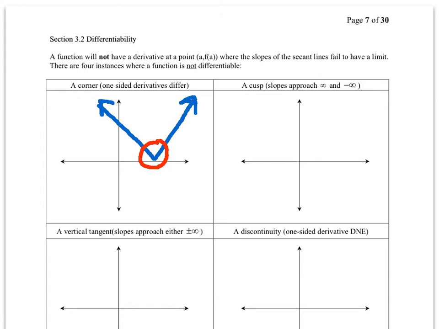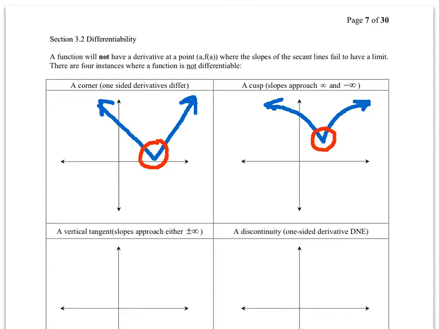Okay, the second point that we can talk about as far as failing to have a derivative would be at a place like a cusp. And a cusp, I always consider it like a little seagull shape. And the slopes are approaching infinity and negative infinity from the left and from the right-hand side of that location. So at this, again, it's kind of like a vertex right here.